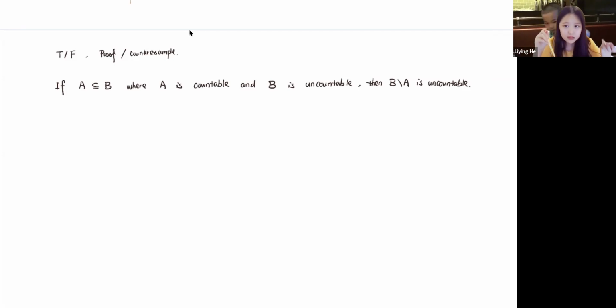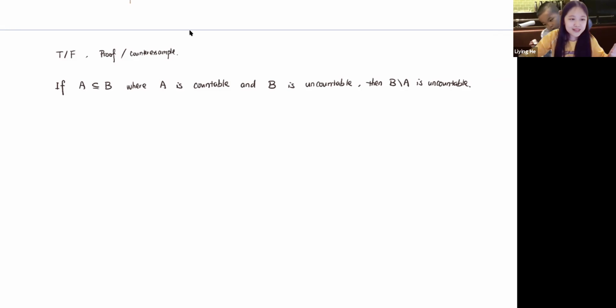If B minus A is countable, would that imply A is also countable? Exactly. That's exactly what we need to do. Nice. Good job.